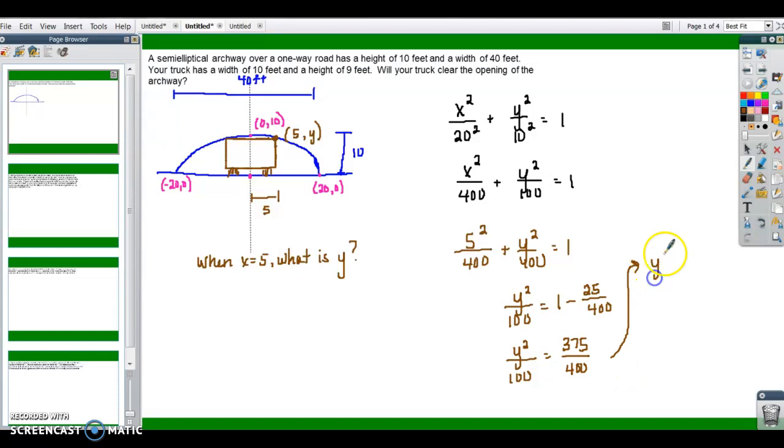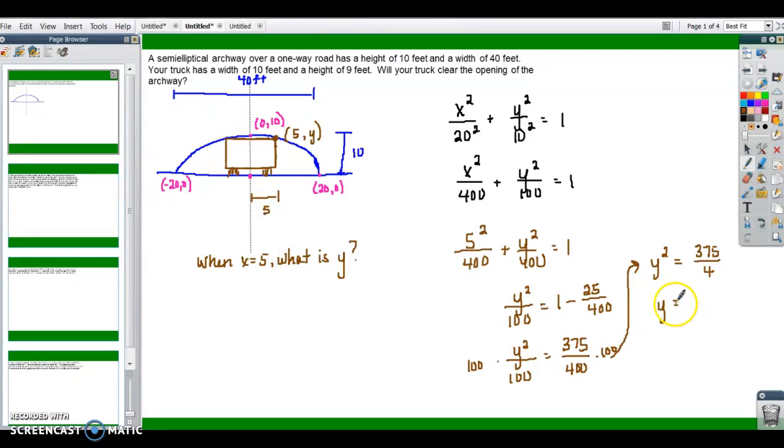Which then gives me y squared is 375 over 4 if I multiply both sides by 100. And I end up with 375 over 4, which gives me a y value when I take the square root of both sides.